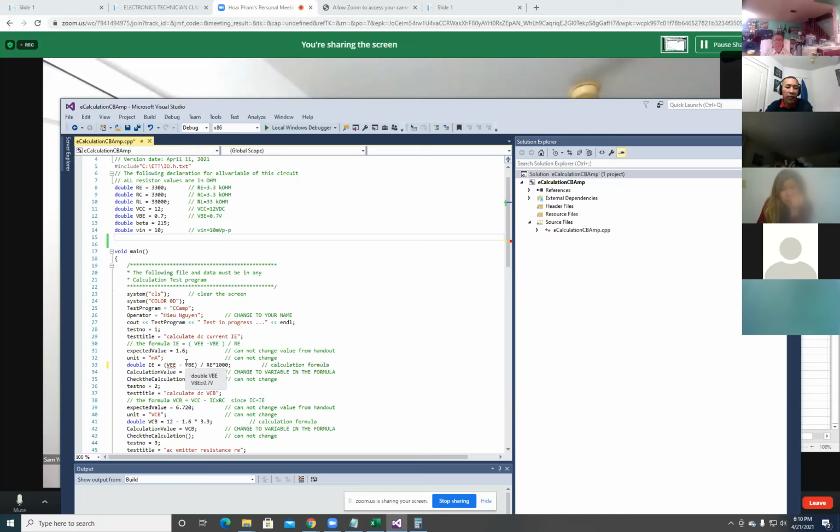If we change everything globally, we can still run the program and just change our expected value, rather than going in and changing everything again and again. We just change one or two places and run the program. Double VEE equals -6. That changes everything then, I guess.